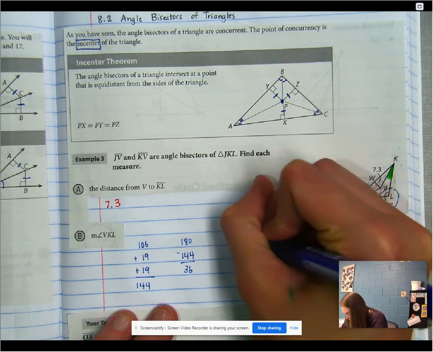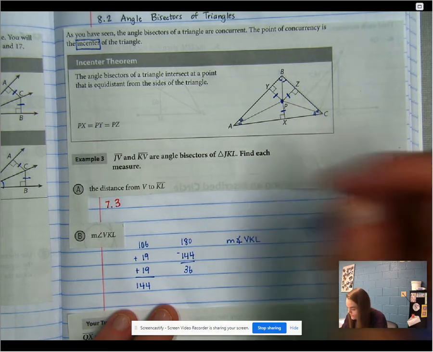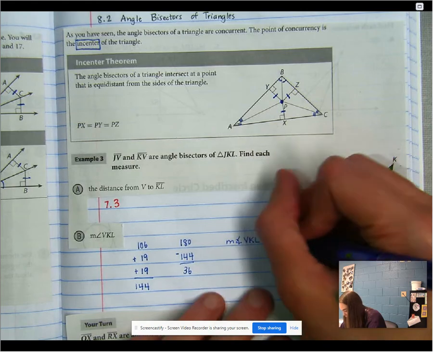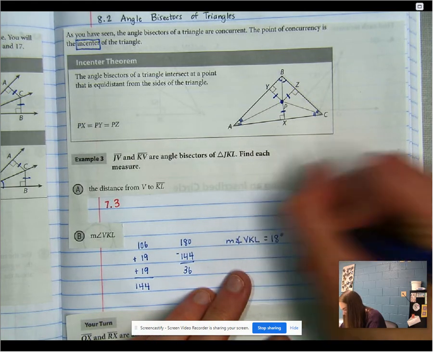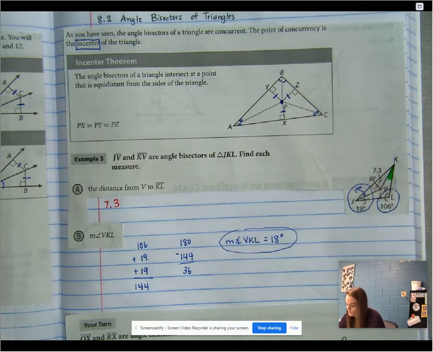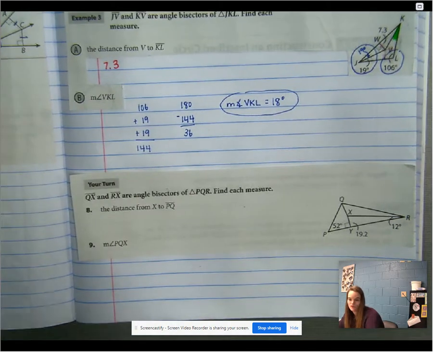The whole thing here is 36 degrees, and I need to know just this half. So I'm going to divide 36 by 2 and get 18 degrees. That is how I find the measure of VKL. You are doing the same thing for this next example. So pause the video and try it yourself.